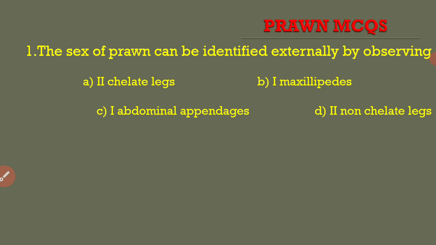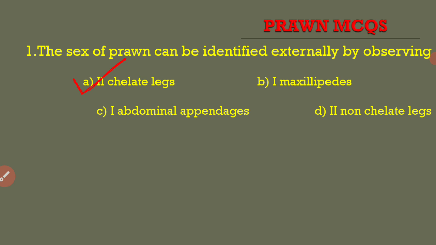So, here is the question: the sex of prawn can be identified externally by observing A. second chelate legs, B. first maxillipeds, C. first abdominal appendages, and D. second non-chelate legs.